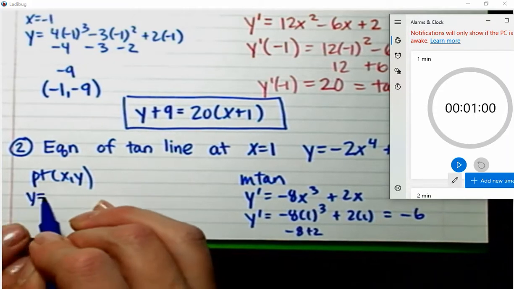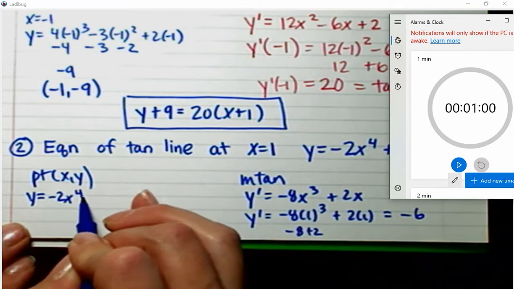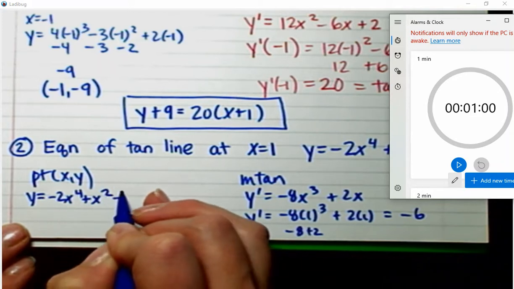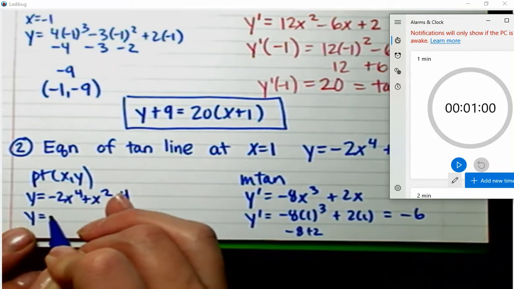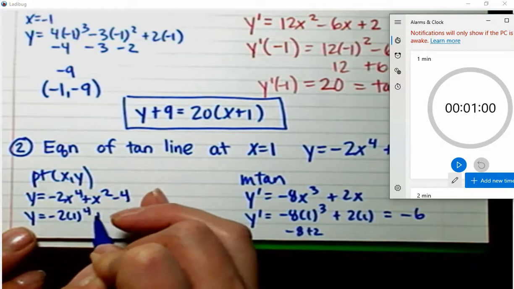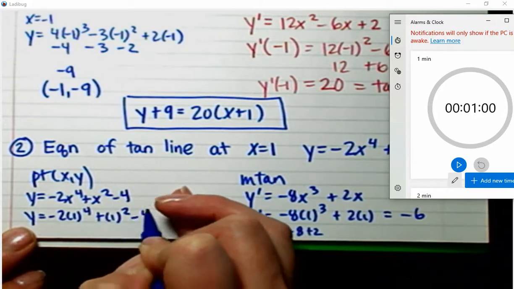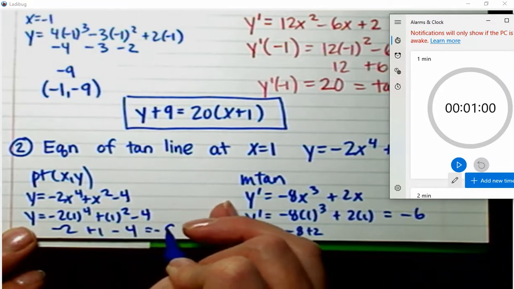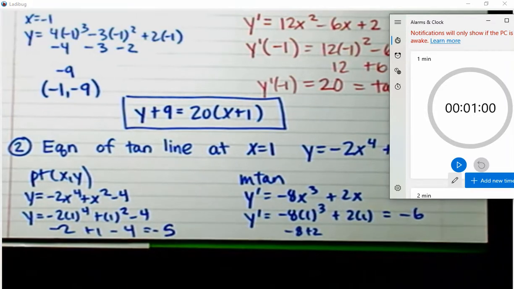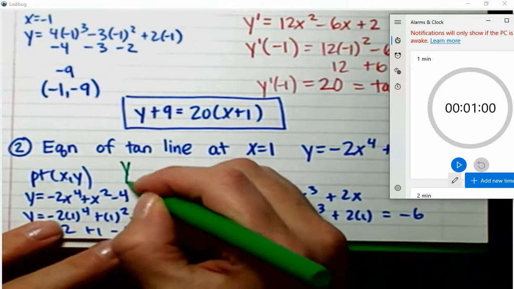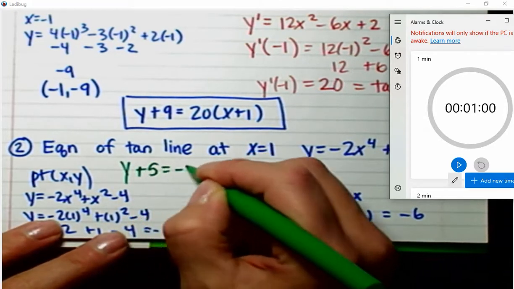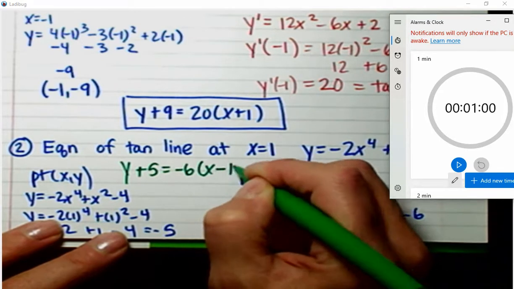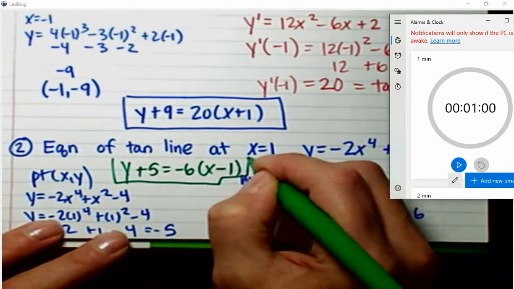The point comes from the original equation. So I plug in 1. Okay. So I get minus 2 plus 1 minus 4 is negative 5. And then I sneak in y plus 5 equals tangent slope x minus 1.